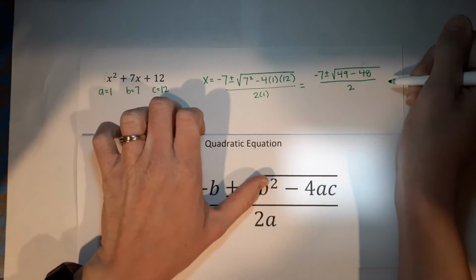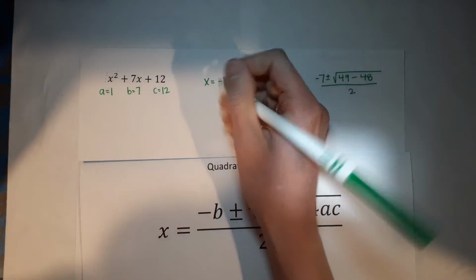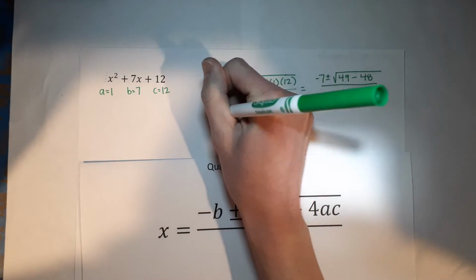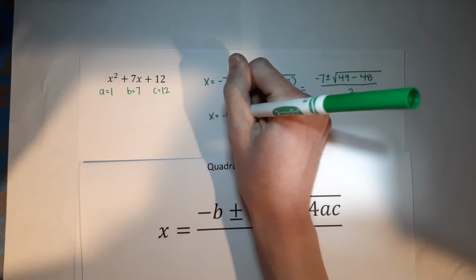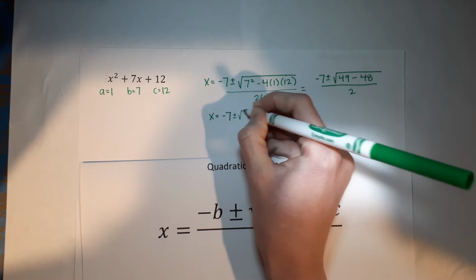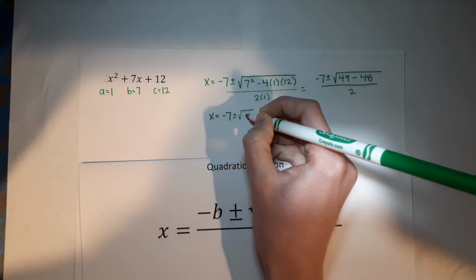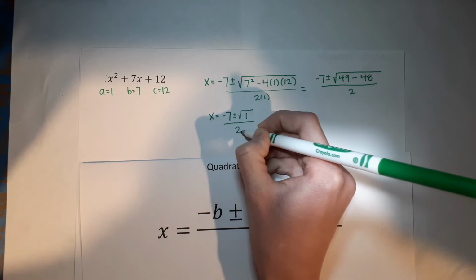Let's continue simplifying, a piece at a time. Negative 7 plus or minus the square root of 49 minus 48, which is 1, all over 2.